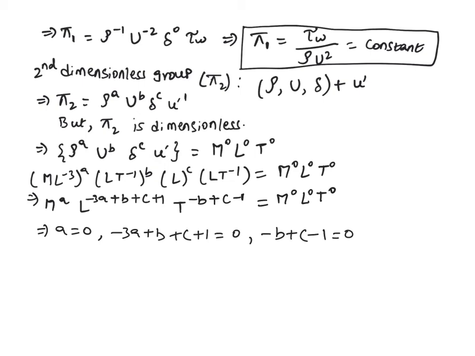Since we have a is equal to 0, if we substitute that over here, we get b plus c plus 1 is equal to 0, and this is minus b plus c minus 1 is equal to 0.